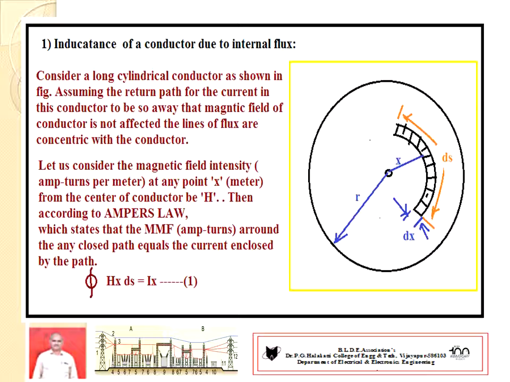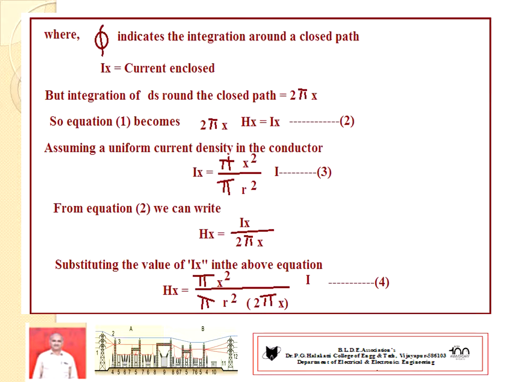This is from Ampere's law, where this symbol indicates integration around a closed path and Ix is the current enclosed. But the integration of ds around a closed path is equal to 2 pi x. Hence the above equation becomes 2 pi x into Hx equals Ix.